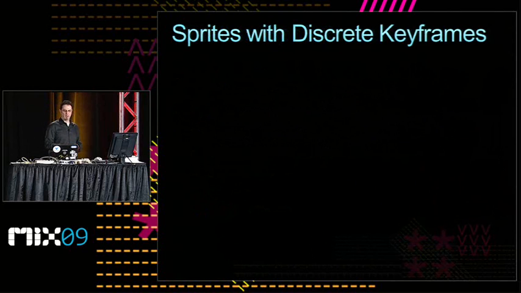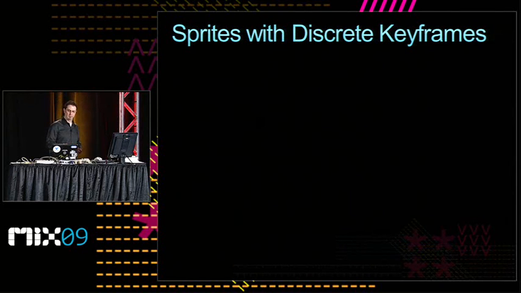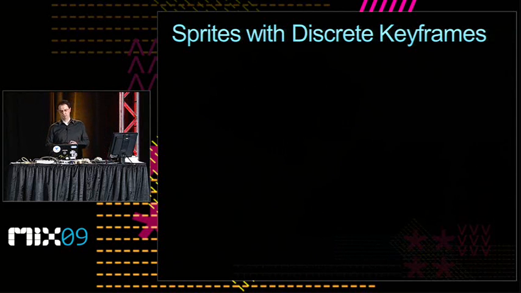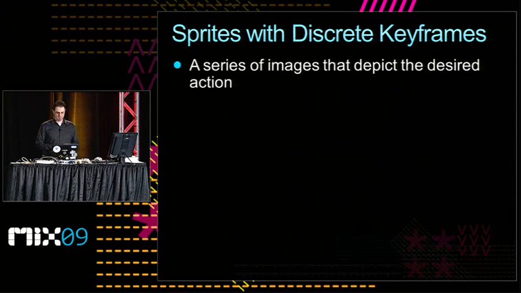So let me show you a project that describes how to create sprite movement with discrete keyframes. I have 3 examples for you that leverage the different techniques that you can put into this. So with discrete keyframes, the first thing you need to know is that we're working with a series of images that are depicting our desired action.